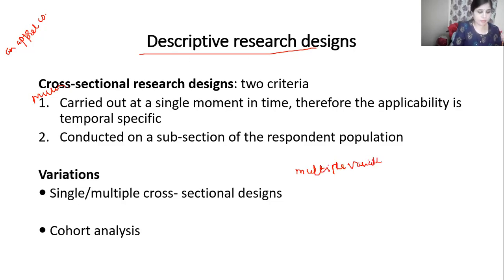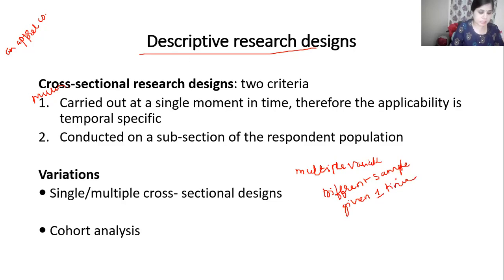Then we are going to try with different samples, that's why it is called cross-sectional, different sample. You can try with multiple variables, and it is for a given point of time, means one time.